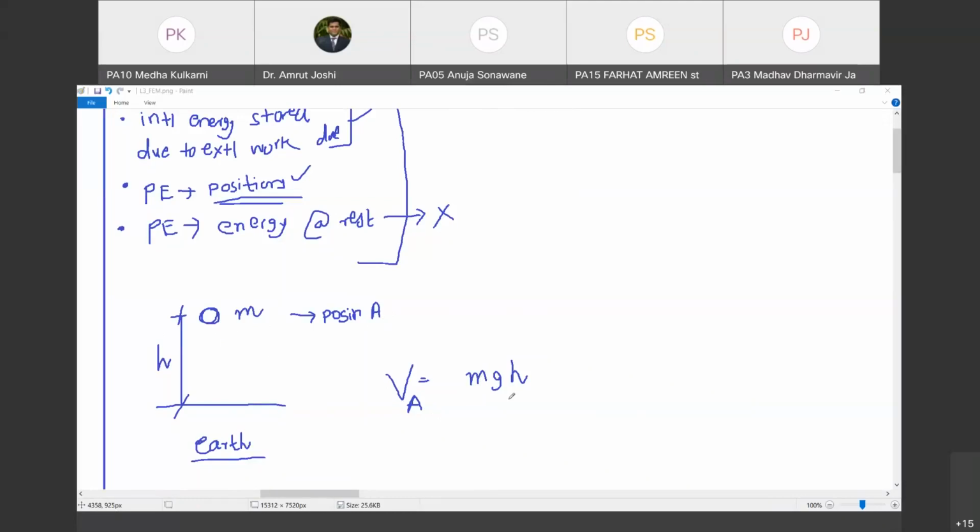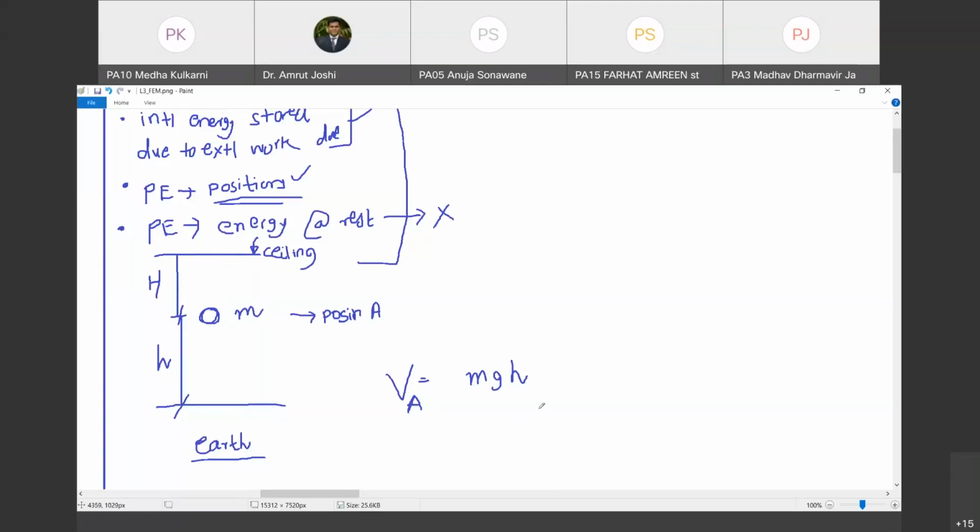That's okay. Now let me ask you another question. This is the floor slab or this is the ceiling, and from the ceiling this object is located at distance capital H. What is the potential energy associated with this object with reference to the ceiling?